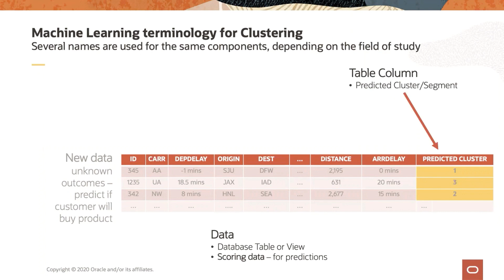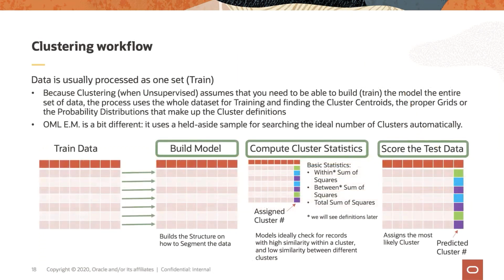So now for the workflow. When you think about it, there's no test. What we're doing is we get training data and we build a model with it. And then we compute cluster statistics. So we look at the assigned cluster number, and there are several statistics that you would usually compute, like within sum of squares, between sum of squares, and total sum of squares. We'll see the definitions later when I'm showing you the steps.